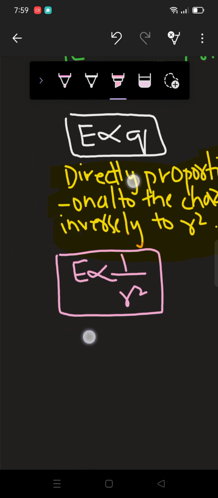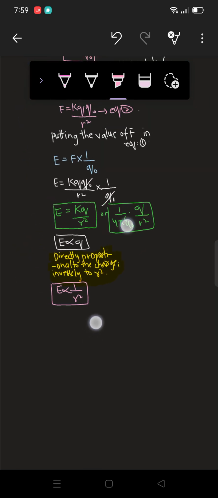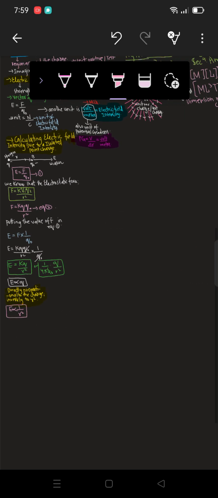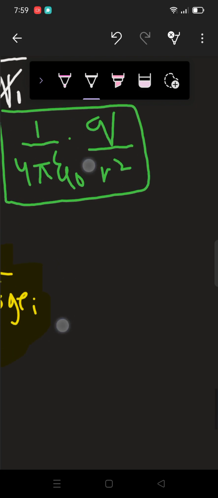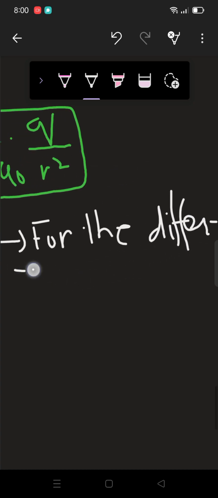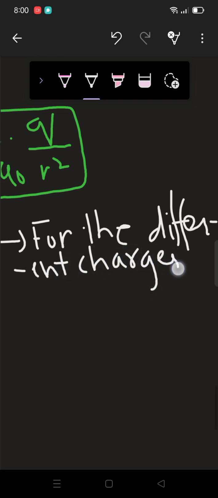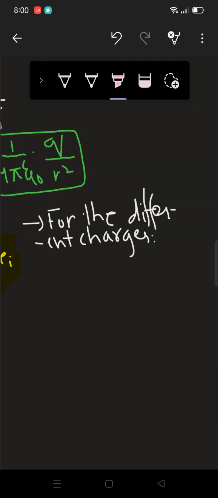So we have calculated our electric field intensity due to an isolated point charge. Now suppose we have different charges.